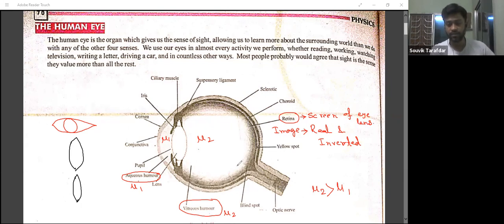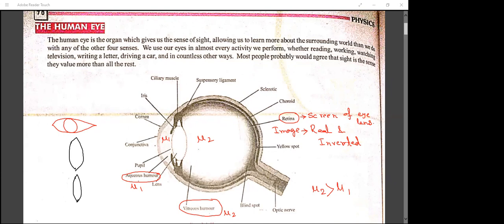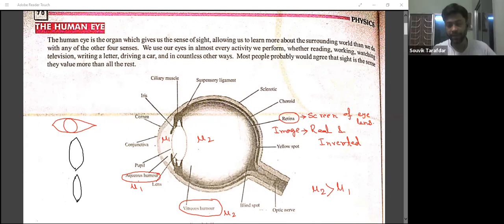So now let me tell you. Here, this is the optic nerve. Let me tell you, when the light ray falls on the retina, an image forms, isn't it? Now, through the optic nerve, an electromagnetic wave passes.